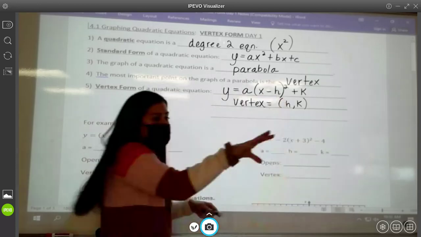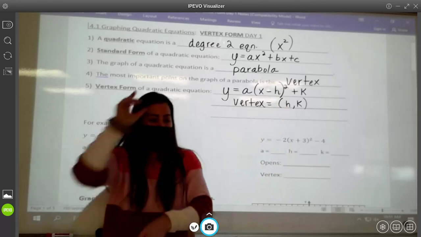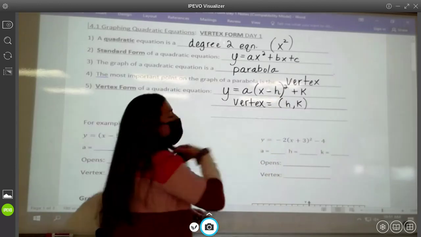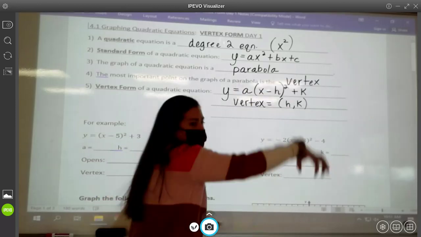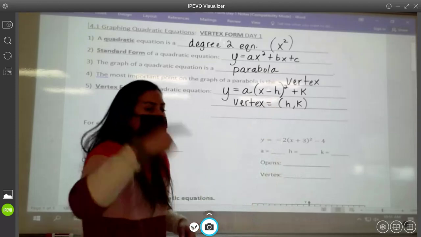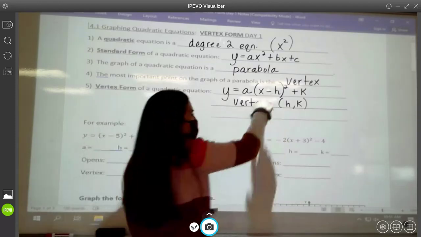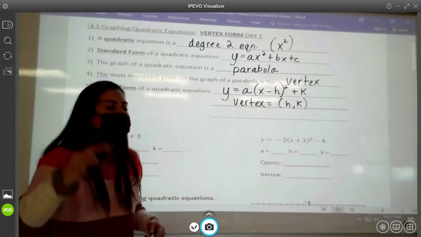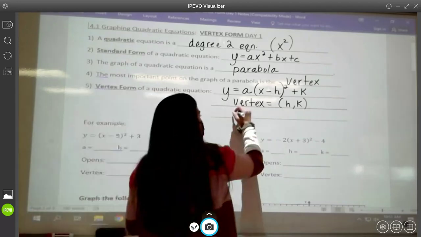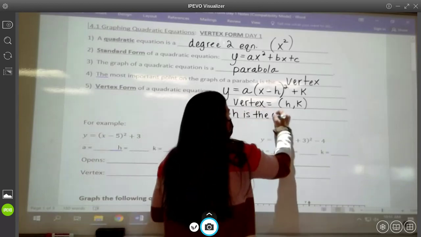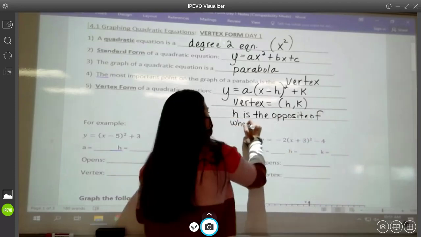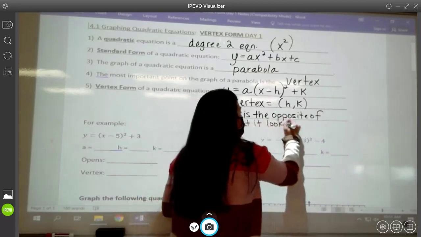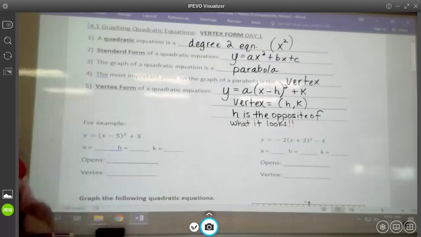It's just the h that gets to be the x coordinate of your vertex. So guys, just to give you a little hint, in the future, whatever number is written here, it's really going to be the opposite of that number that ends up being the x coordinate of your vertex. So h is always the opposite of what it looks. And I'll explain that further in a second. That's the only thing you have to watch out for. Otherwise, guys, this is really, really easy today.